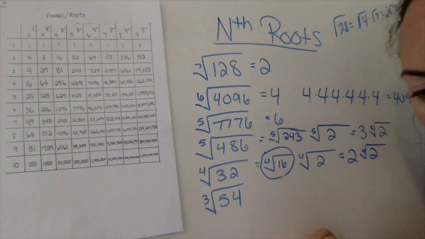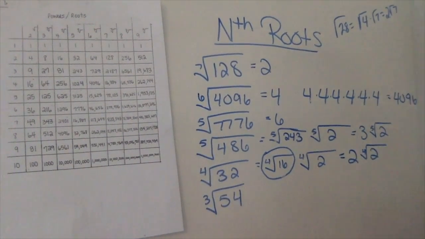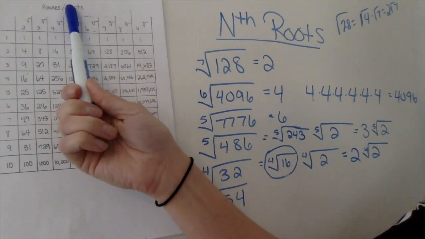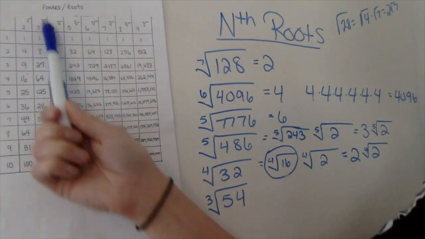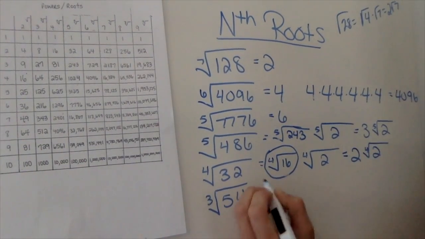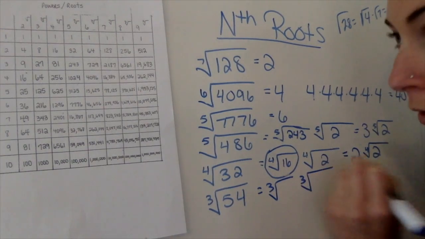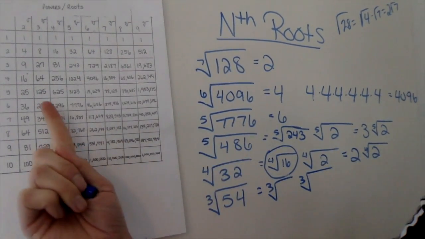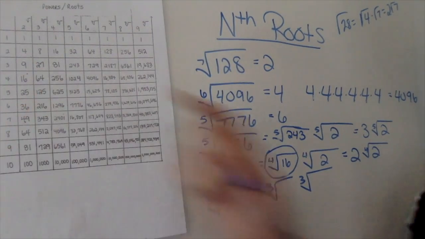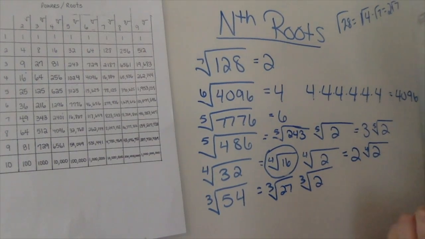Next, we got the cube root of 54. So the cube root of 54, look for the number, whoops, wrong one, right here, not in there, so we break it down. Biggest perfect cube that goes into 54 is 27 times 2.